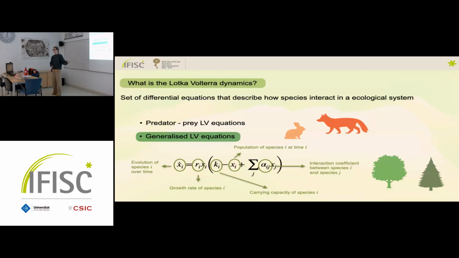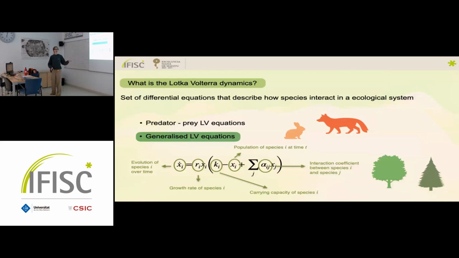r_i is the growth rate of species i, so basically it is the speed at which our species grows if there's nothing stopping it. K_i is the carrying capacity of the species. The carrying capacity is basically the maximum abundance a species can reach in a certain ecosystem.